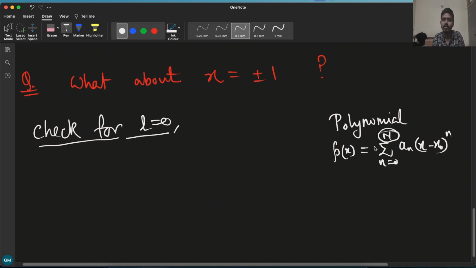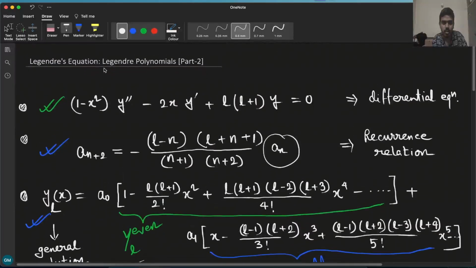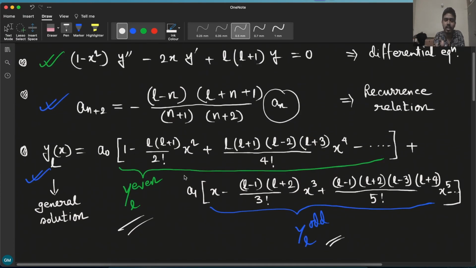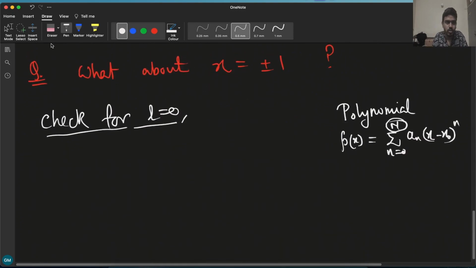If n goes to infinity, then I can call it a power series, right? But if I can truncate the series as I'm doing here for this even series, so all other terms except this one are 0, that means we're truncating the series and now we have a finite number of terms, then I can call it a polynomial. So this N is finite.